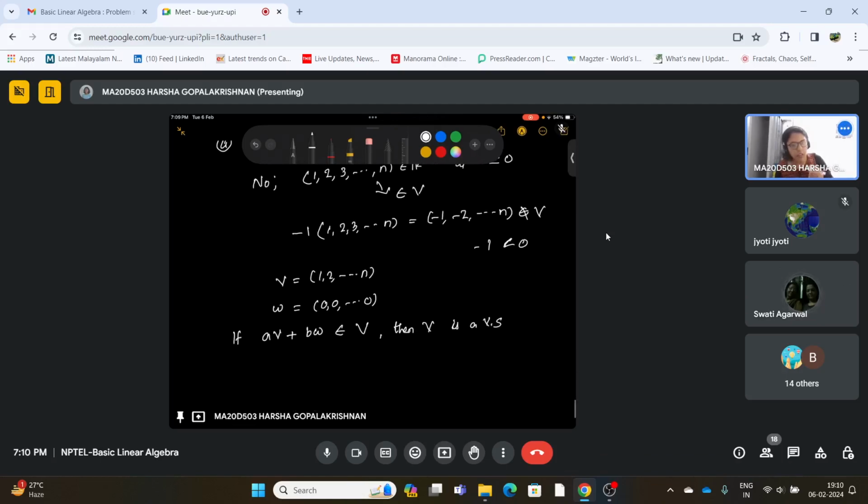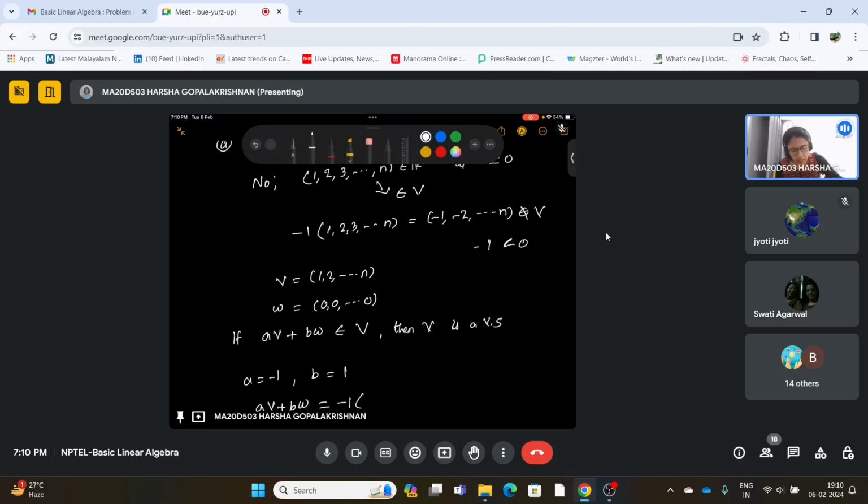Now we are taking a equal to -1 and b equal to, suppose, 1. So what will we get? aV plus bW equals -1 into (1, 2, etc., n), plus 1 into (0, 0, etc., 0). We are just substituting whatever we have taken.